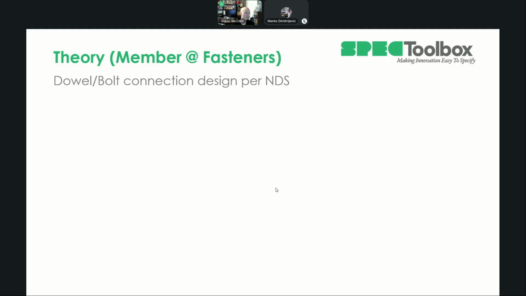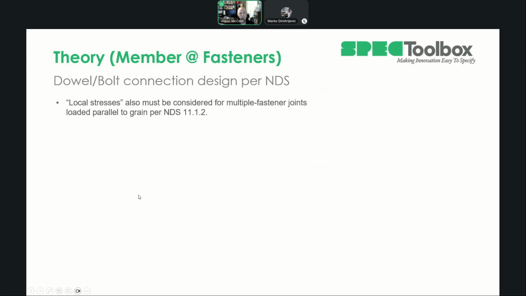Going on to member limits at the connections. NDS in chapter 11.1.2 says that local stresses also must be considered for multiple fastener joints loaded parallel to grain. So they point you to Appendix E in NDS, which provides one method. They say others are allowed.